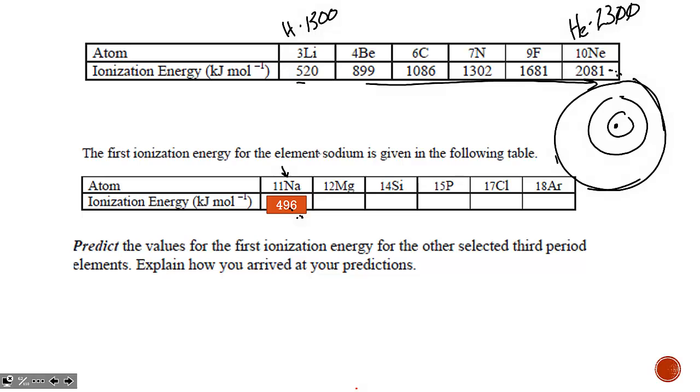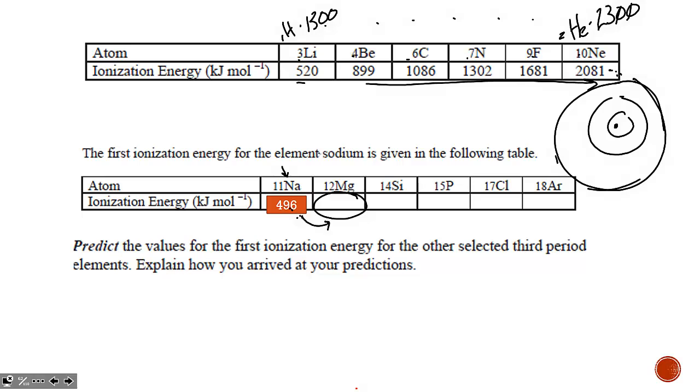So based on what we've seen so far, as you go across, it takes more and more energy to remove an electron because you get more and more protons in the nucleus. When you get to the next row on the periodic table, you build the next shell. So we could do some reasoning. For magnesium, we could predict a value.